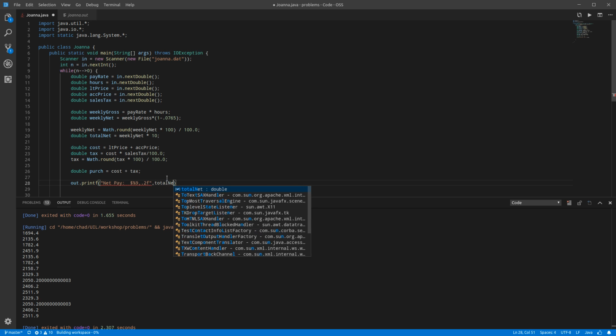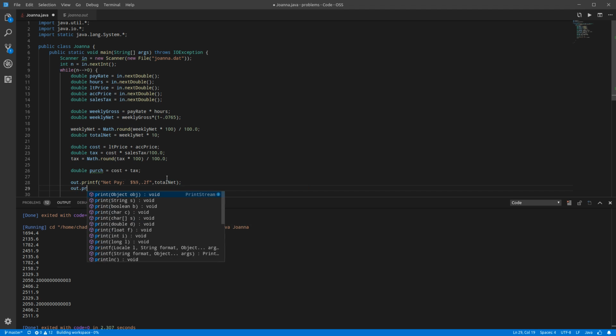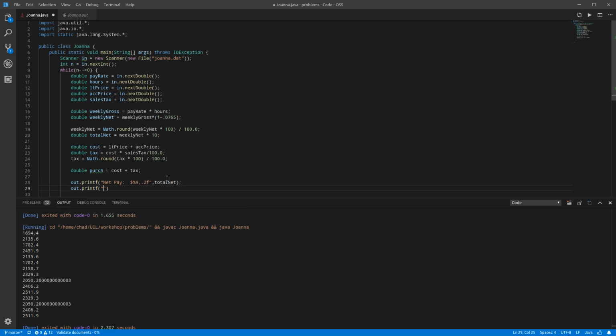And that's total net. Okay, out.printf. Next we have purchase, dollar sign, and the exact same thing, 9 comma 0.2f, and this is going to be perch.